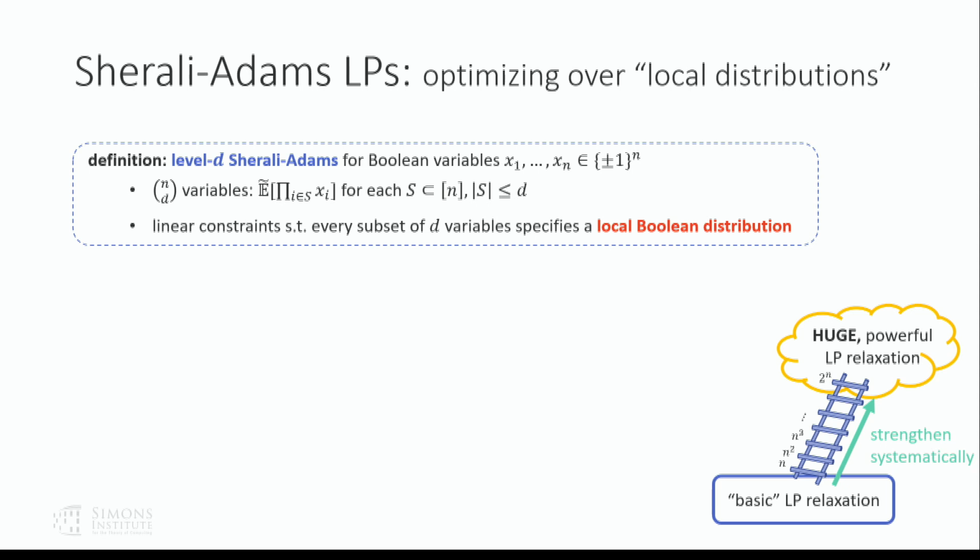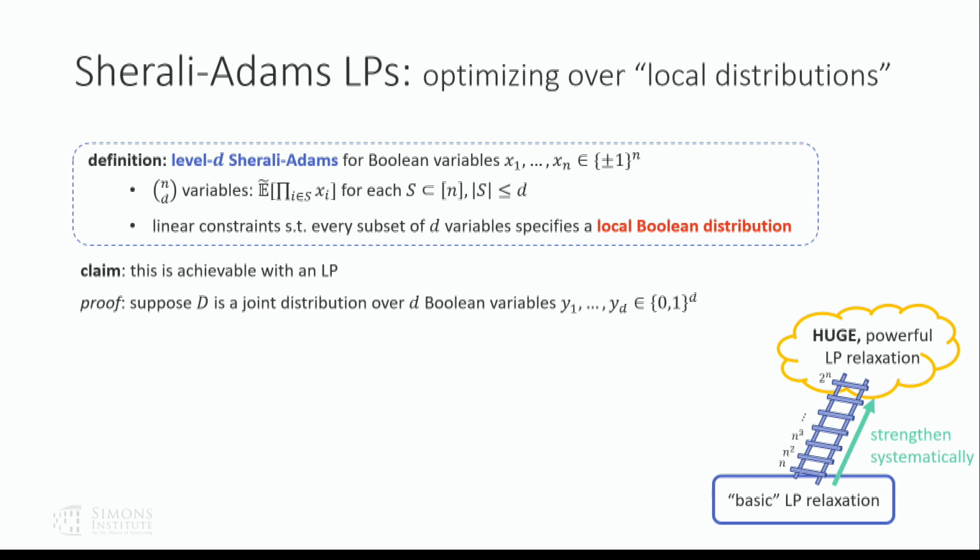I'll include linear constraints so that every subset of d variables specifies a local distribution over Boolean assignments. So the moments for any subset of d variables are consistent with some actual distribution over Boolean variables. My claim is that I can achieve this with an LP.